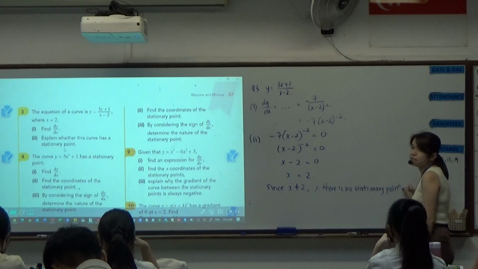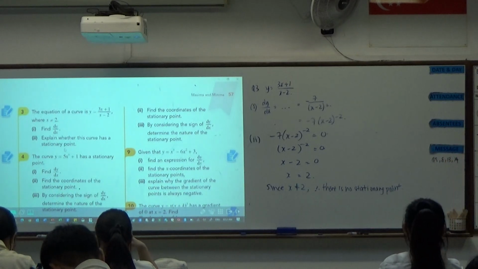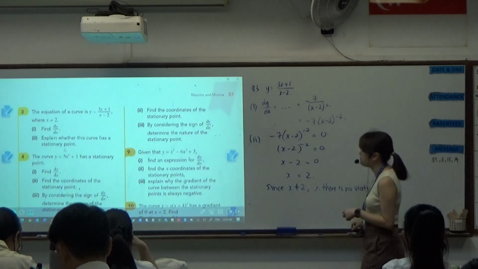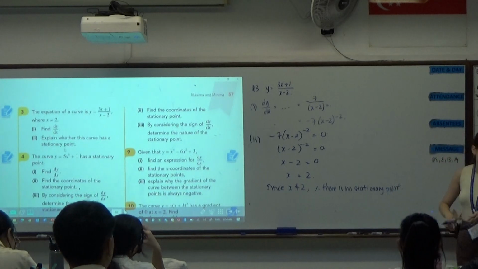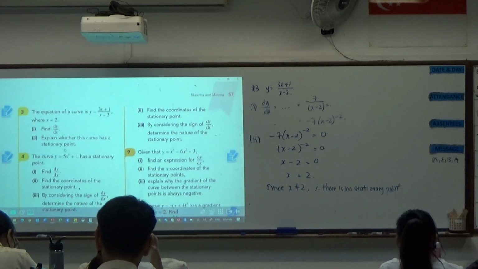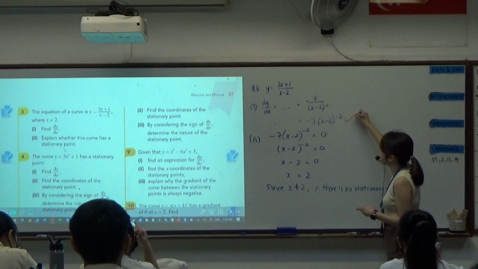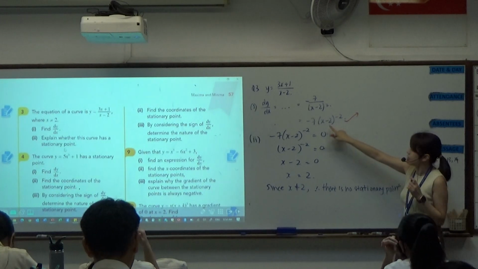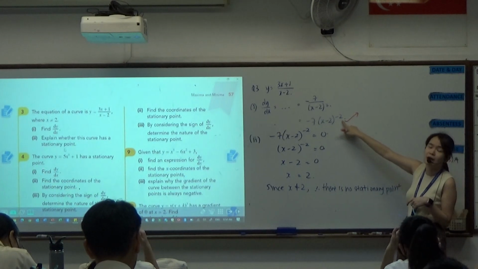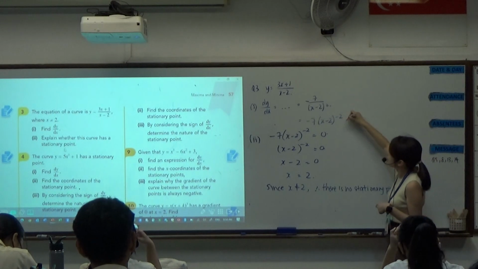Okay, the way that it is being done is entirely not correct. Okay, why? Because first of all, you need to realize that negative 7 times x minus 2 to the power negative 2 is actually the same thing as this.